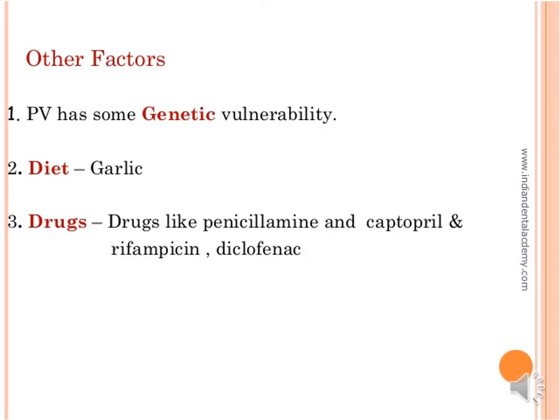Other factors: pemphigus vulgaris has genetic vulnerability, like diet, garlic that affect the epithelial tissue, or drugs like penicillin, captopril, rifampicin and diclofenac that affect the epithelial cell.